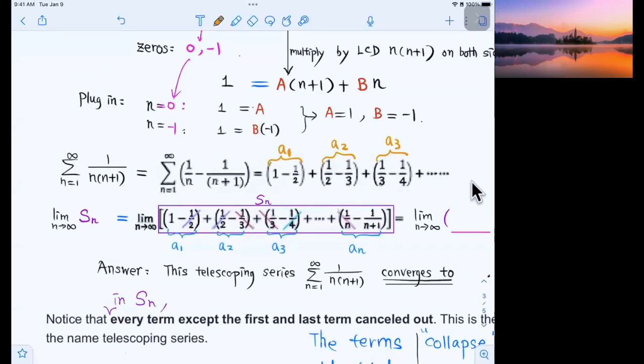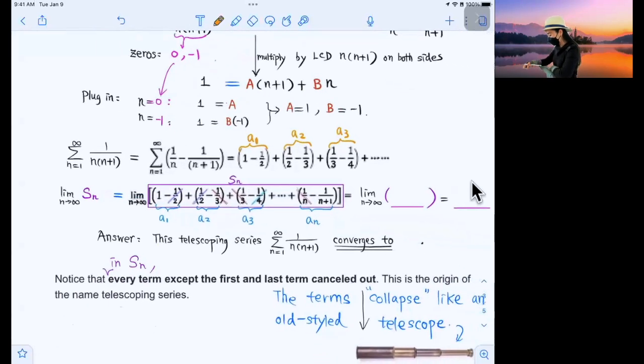What happened to the middle terms? They cancel. Each one cancels with the one before it. So we're left with 1 minus 1 over n plus 1.